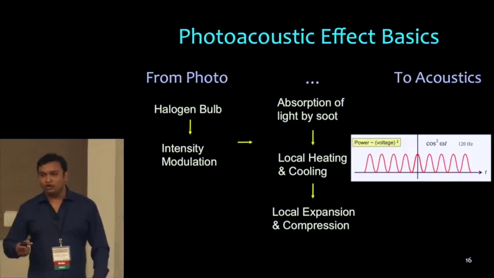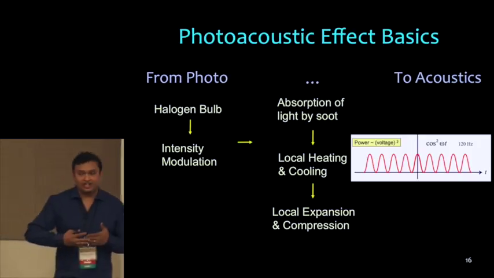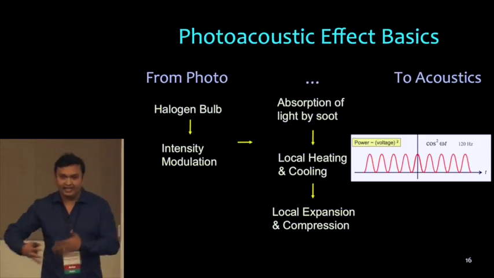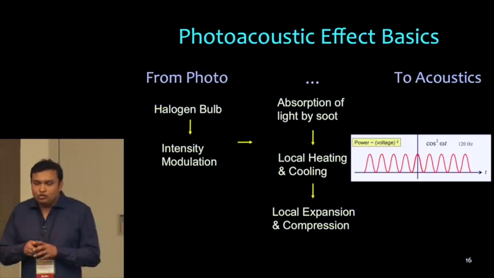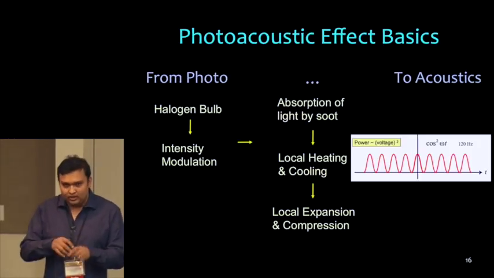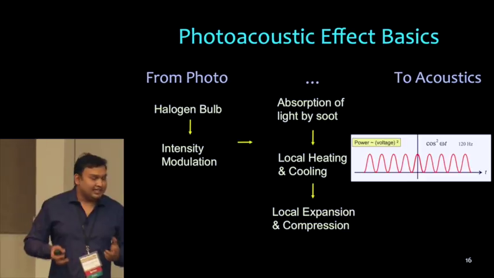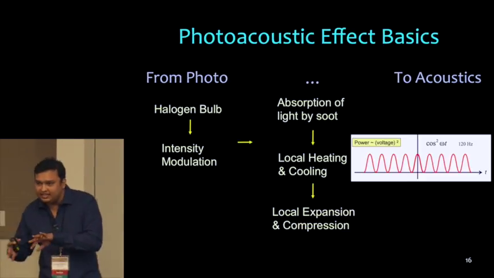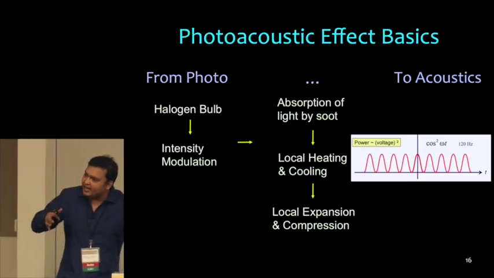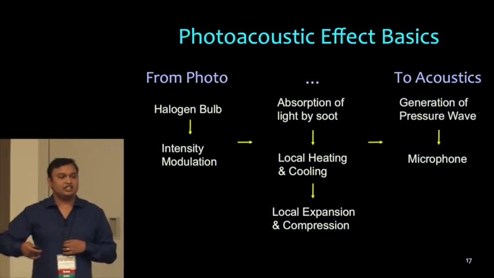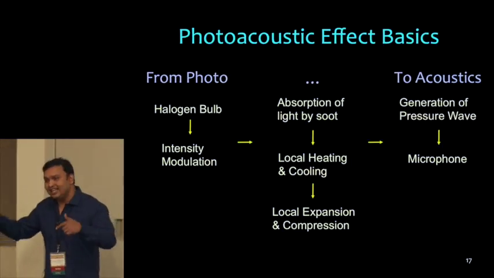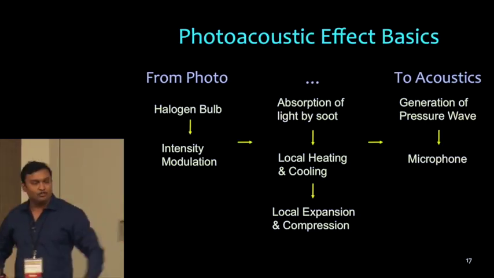So we get intensity-modulated light that falls on the surface of the soot, or carbon black, and gets absorbed due to optical absorption. So what's happening is the soot is getting heated and cooled iteratively, right? And this heating and cooling process is getting transmitted to the adjacent air inside the jar, which in turn gives rise to a pressure wave, which we can hear with the microphone. So this is the full story.